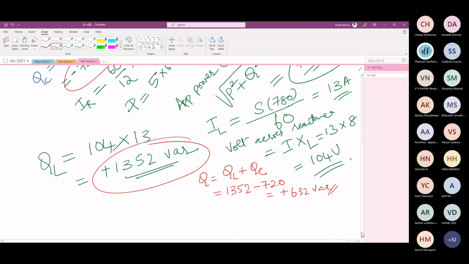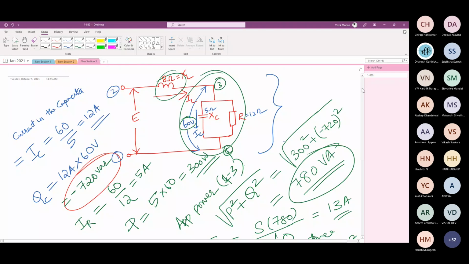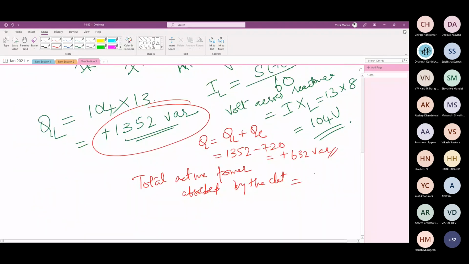Now, if I want to find the total active power absorbed by the circuit, which element is absorbing the active power here? Only one element is absorbing the active power, and that value is P itself, this one, 300. No other elements are there.